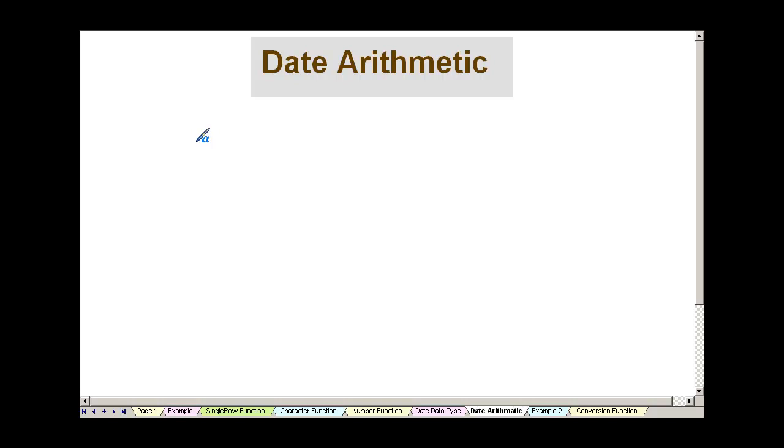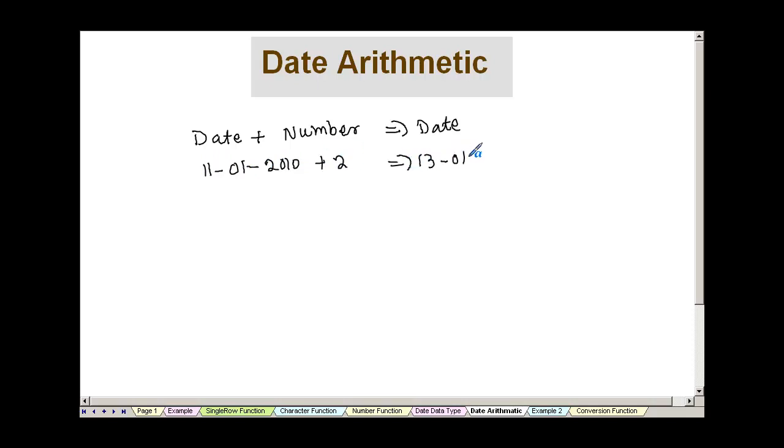Whenever we add a number to a date, the result is always a date. Say for example, today's date is 11/01/2010. If I add 2, it will be 13/01/2010, which is a date. Right?